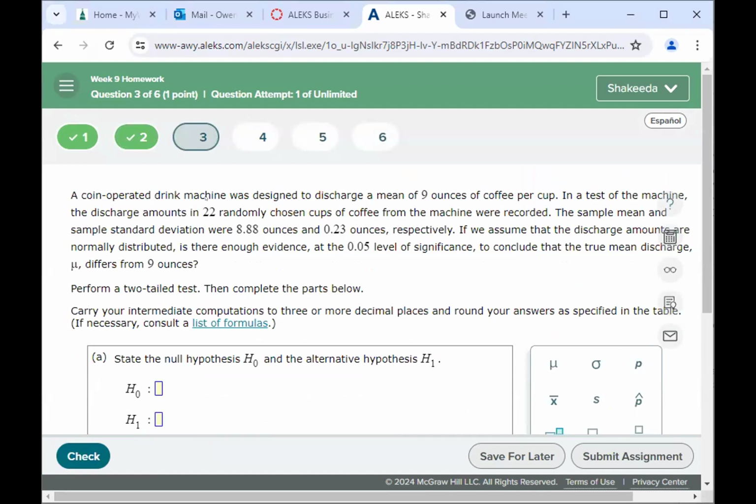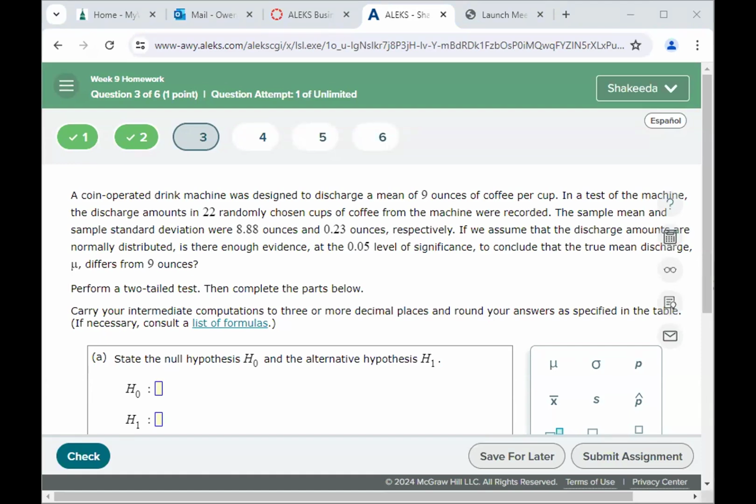Open operator drink. Mean of 9. 22 random cups. Sample size is 22, and mean is going to be 8.88, with a standard deviation of 0.23.